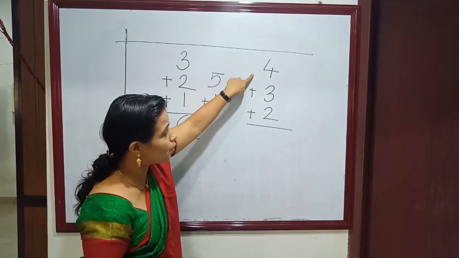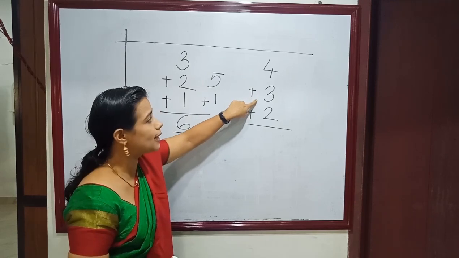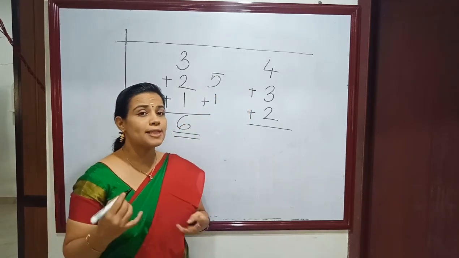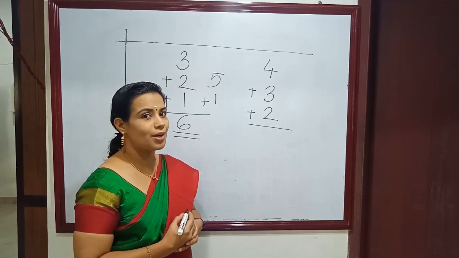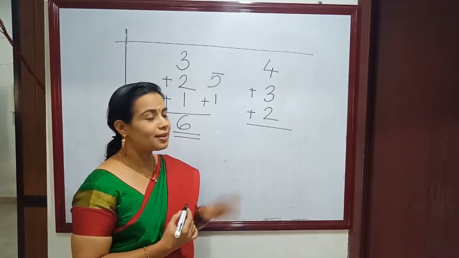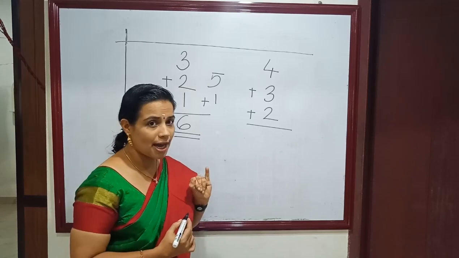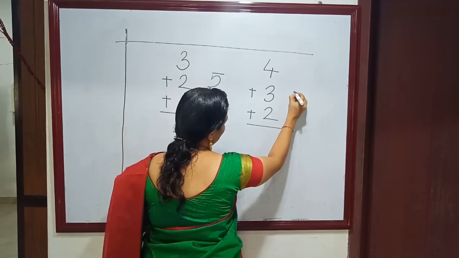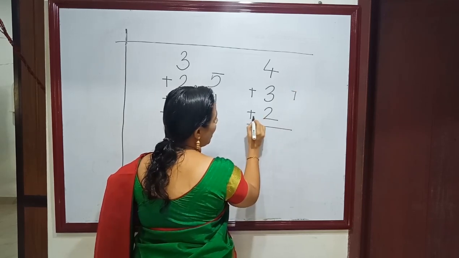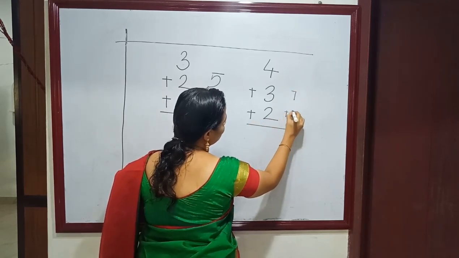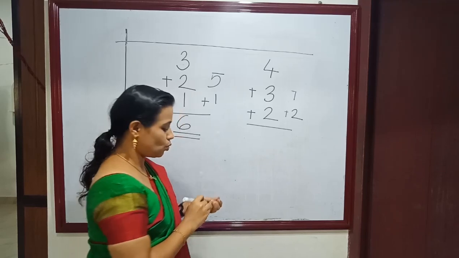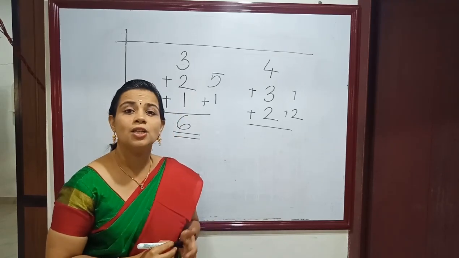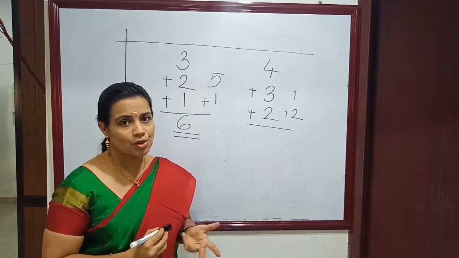Firstly, we have to add 4 and 3. 4 plus 3 is equal to, count after 4 in 3 times: 5, 6, 7. 7. Then we have to add 2 with 7. 7 plus 2 is equal to, count after 7 in 2 times: 8, 9.